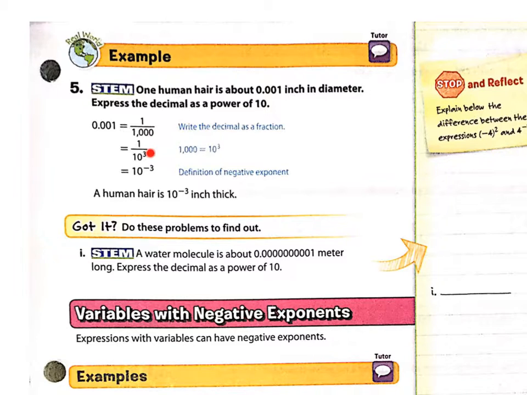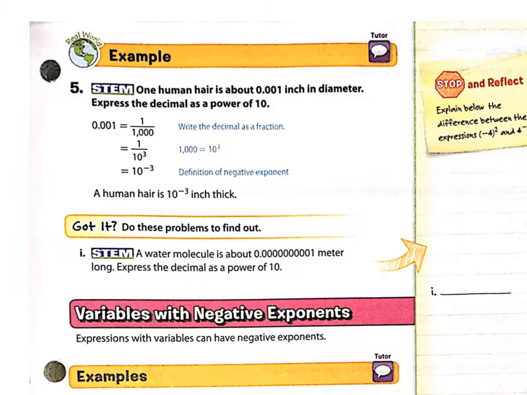Then they simplify 1,000 to 10 to the third power, and convert it to a negative exponent. So they flip it and switch it. So 10 to the negative third power, and that's what 0.001 means. Make sense?